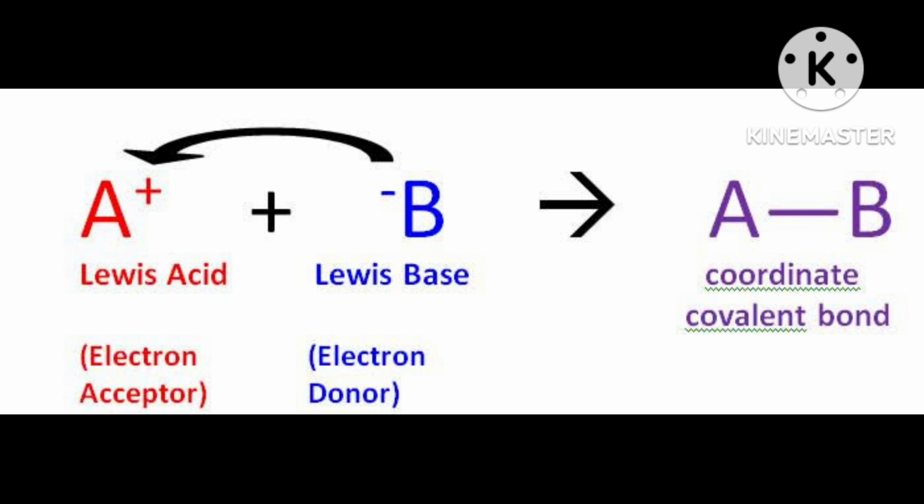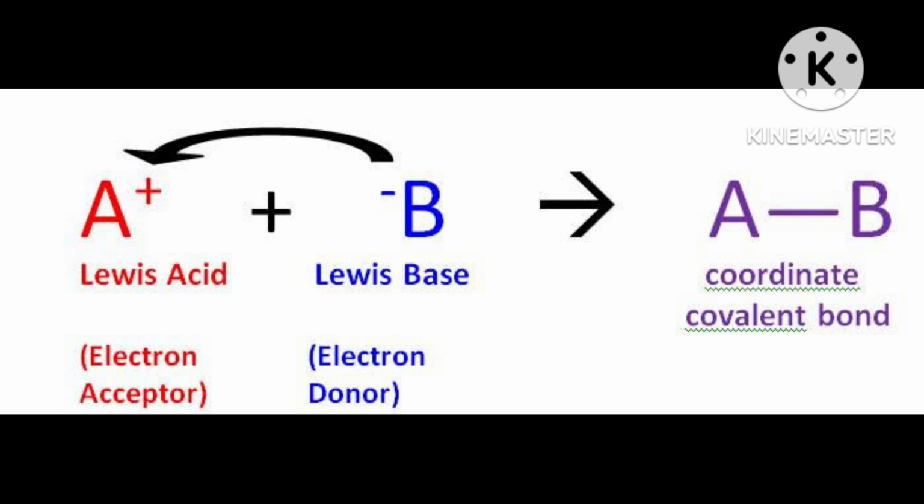And HSO4 1 minus. They have given four species: H2O, HCO3 minus, HSO4 minus, and NH3. They are asking for both the conjugate acids and the conjugate bases.